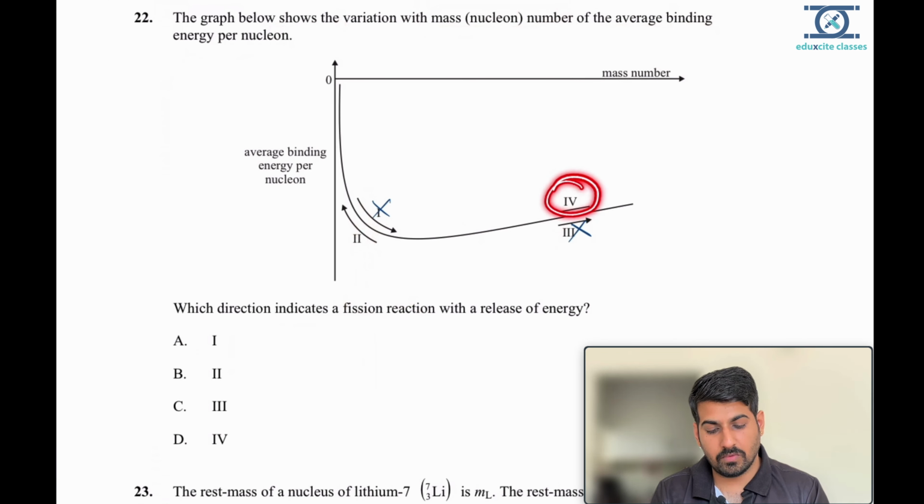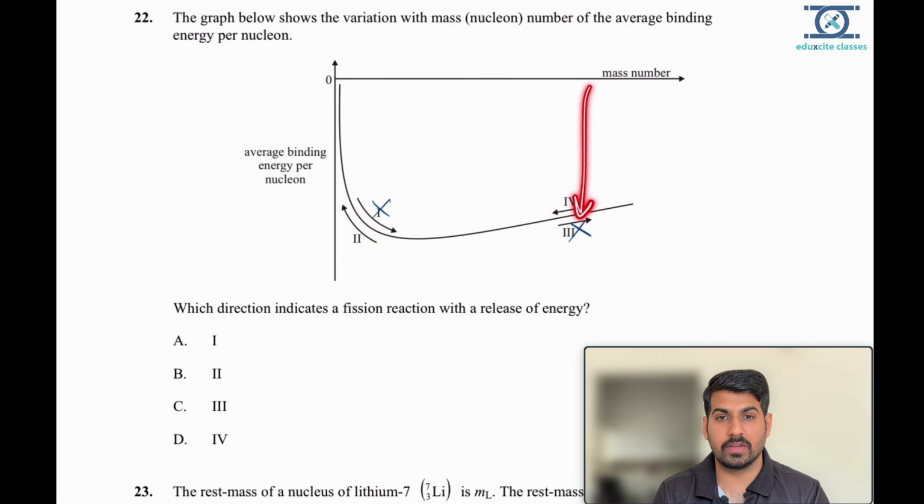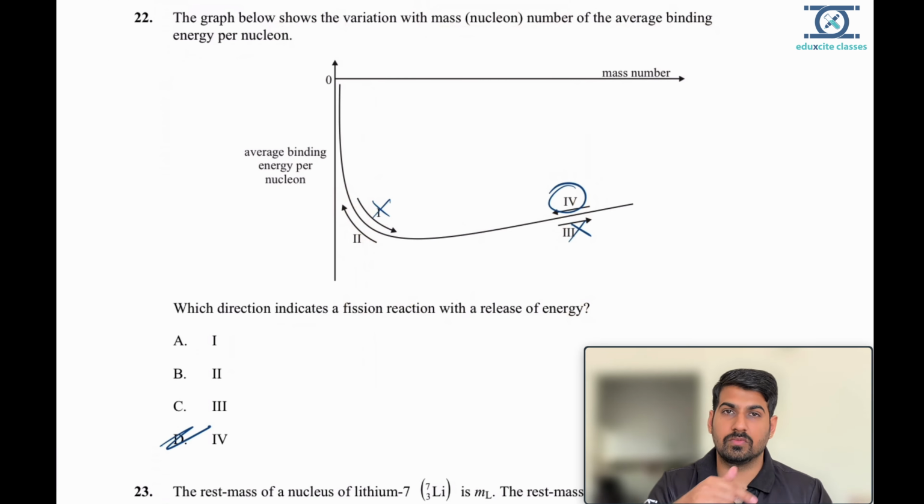Now we have to think about 4 and 2, with the release of energy. Fission reaction takes place when a heavier nucleus splits. Those are already the lighter nuclei, so this is not going to happen, and here you can see the binding energy is decreasing. No, it cannot happen. It always happens in such a manner that the binding energy increases, because everybody wants to become more stable. So option 4 will be the right option, D. The fourth one, the arrow going this side, will be the right answer.